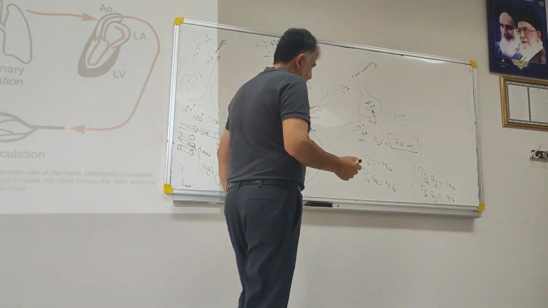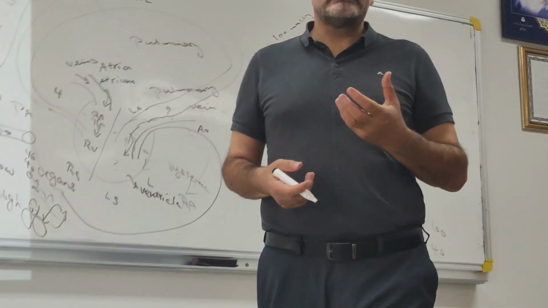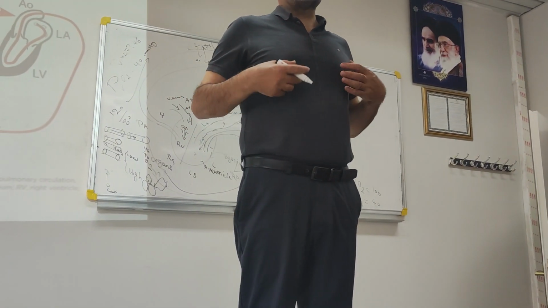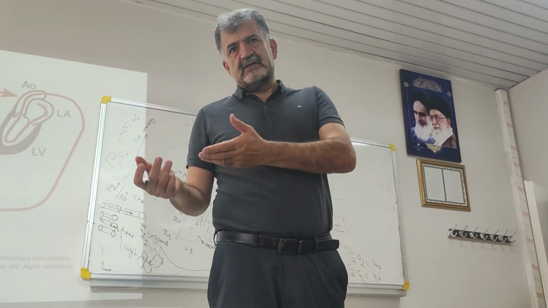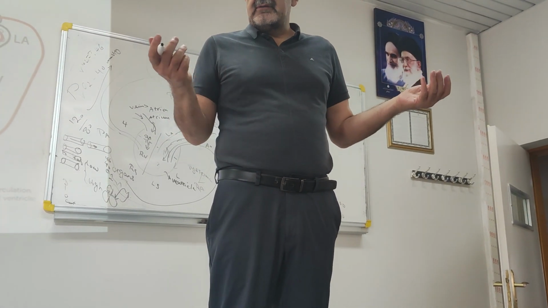My question was, how much blood in minutes the heart sends to, for example, if we are speaking about the left side, the left ventricle sends to the aorta. If we are speaking about the right side of the heart, the right ventricle sends to the pulmonary artery, and finally to the lungs.